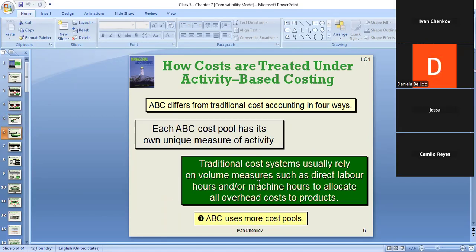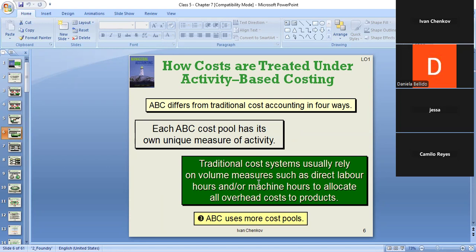The other thing, in activity-based costing, for each of the activities that we have, we're going to find out what the activity is. We're going to add a cost pool for that activity, and then we're going to measure by allocation how much we're using that activity, and then we're going to come up with the cost per activity.